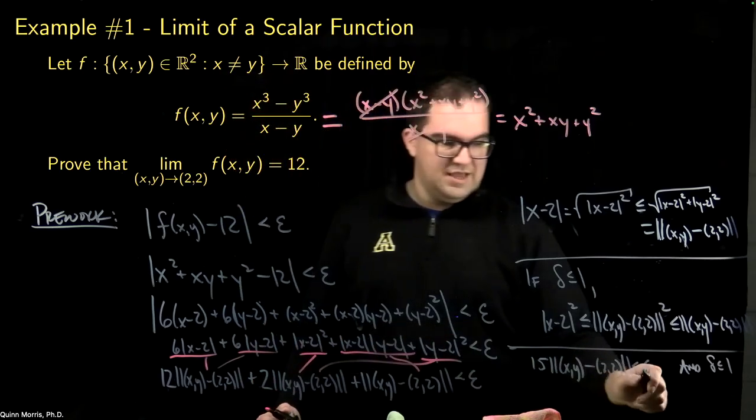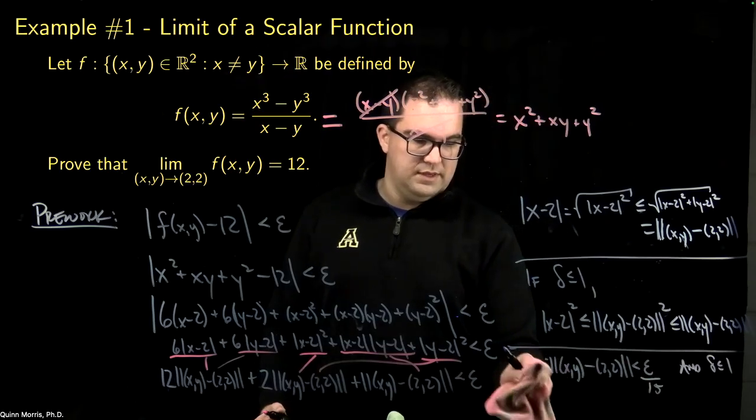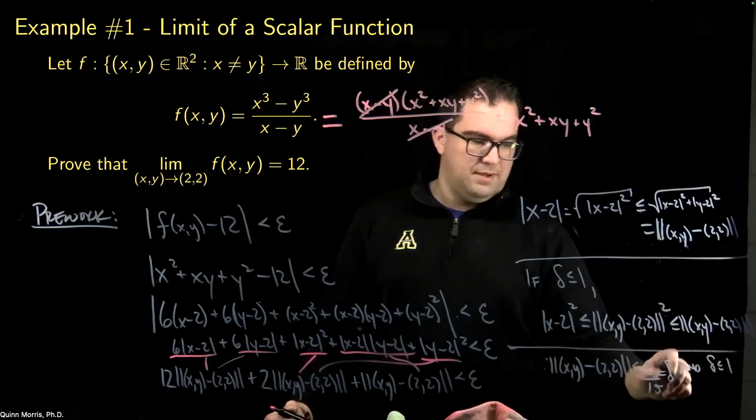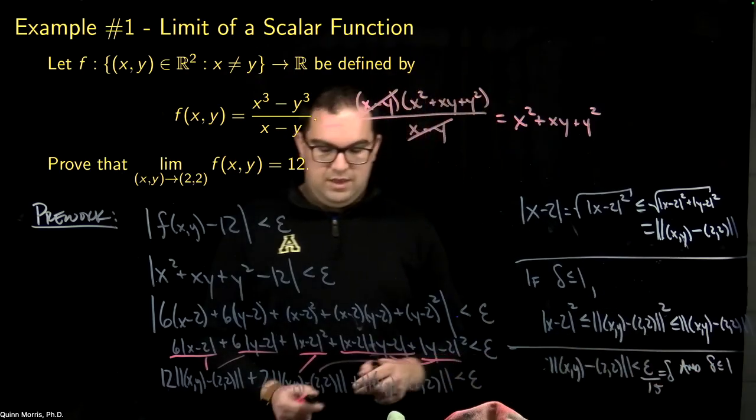So if I divide both sides by 15, I need my delta to be the minimum of epsilon over 15 and 1.